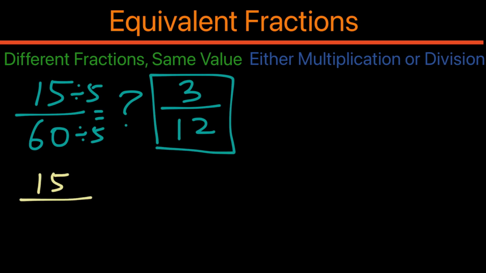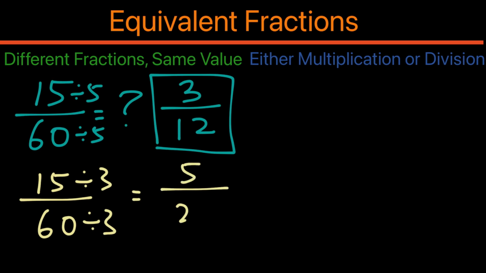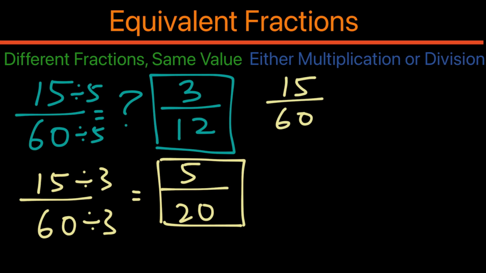You will be able to also divide by a different number if you wish. For example, you can also divide by 3. 15 divided by 3 is 5. 60 divided by 3 is 20. So 5/20 is also equivalent to 15/60. Or you could even divide by 15.